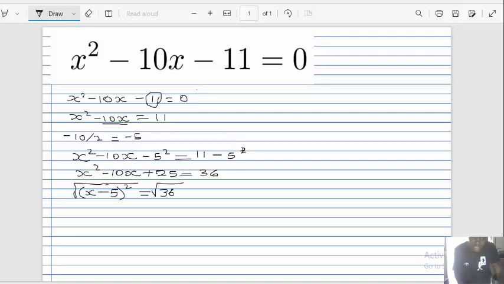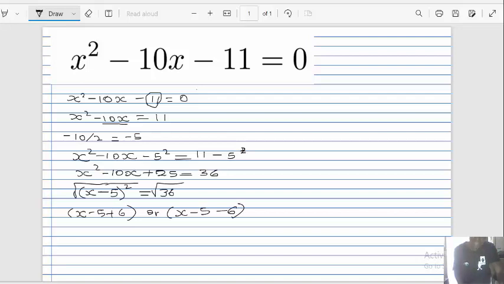So here you will have x minus 5 equals plus 6, or x minus 5 equals minus 6.